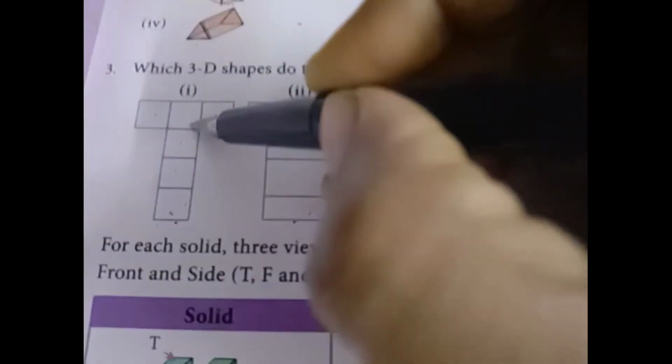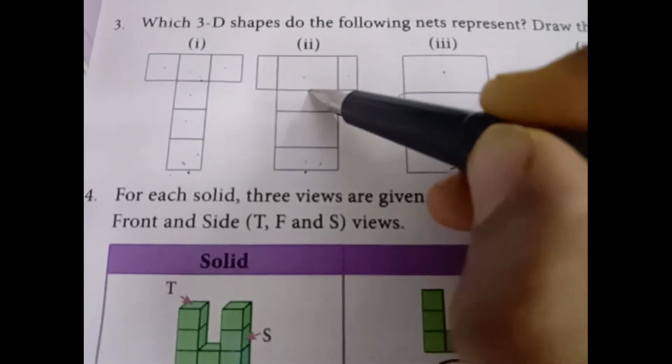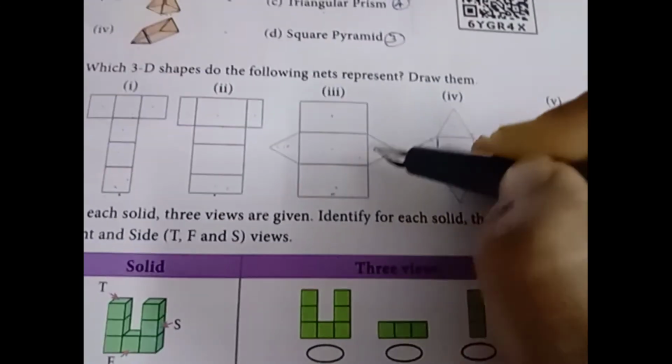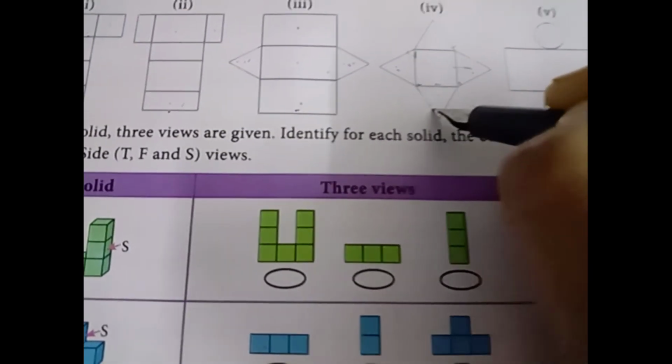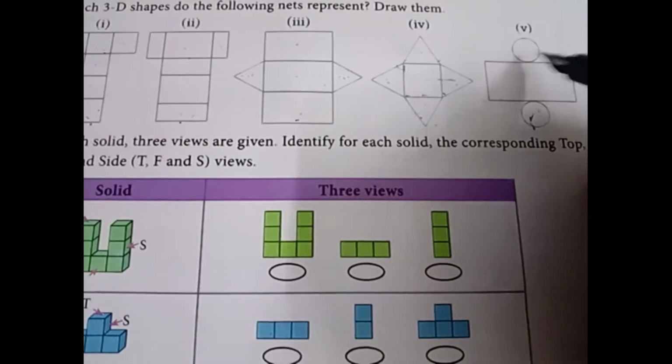It's easy, no? So 6 squares means cube, 6 rectangles means cuboid, 2 triangles means triangular prism, 1 square and 4 triangles means square pyramid, and 2 circles and 1 rectangle means you can draw, using this net, the cylinder.